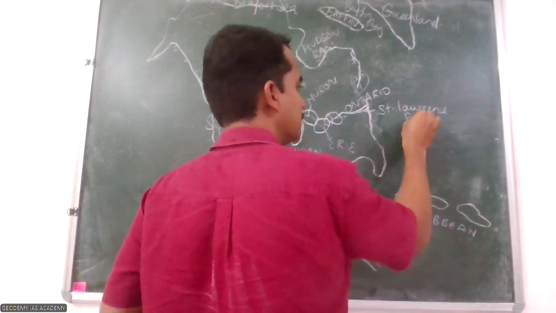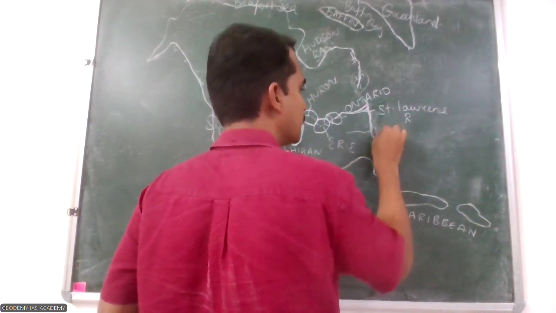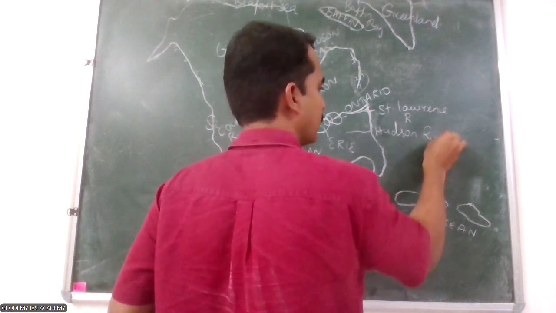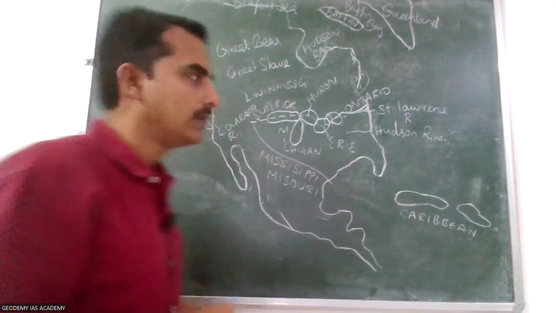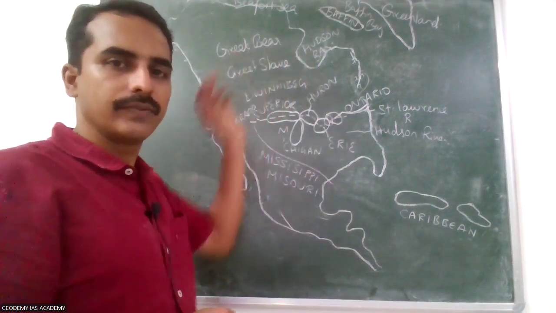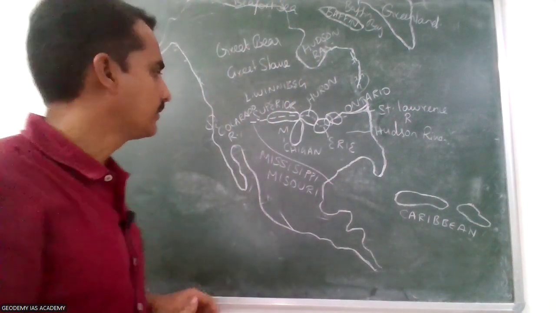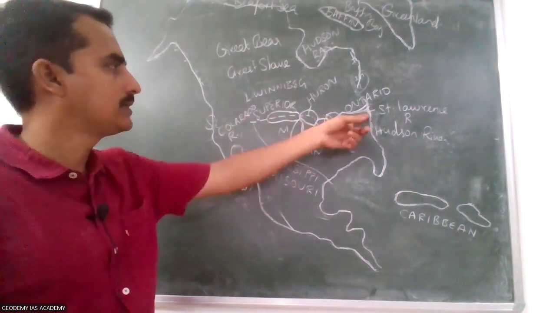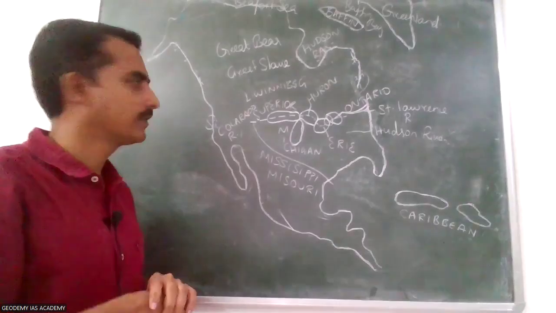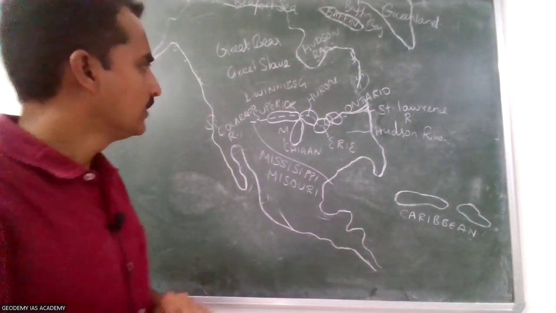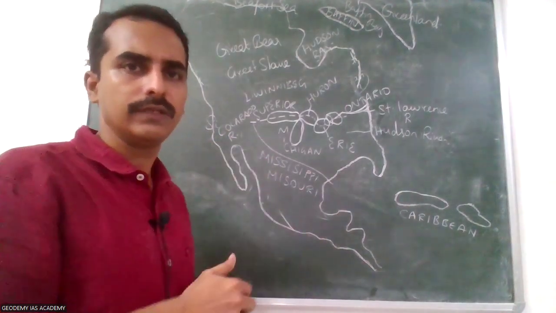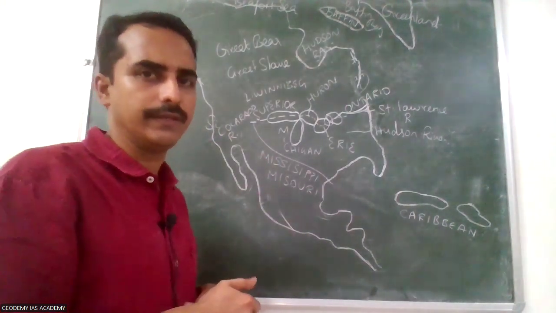Then near New York, Hudson River. And then Saskatchewan River in Canada are important rivers. So Mississippi and Missouri are more important, along with the Colorado and St. Lawrence rivers. So these are the major physical features, particularly the landforms, of North America.